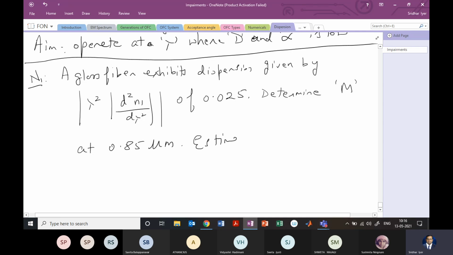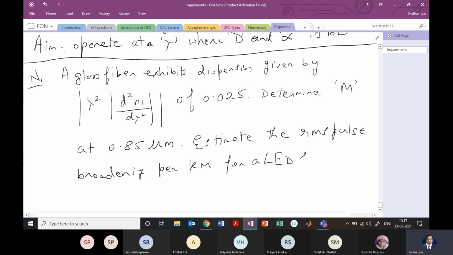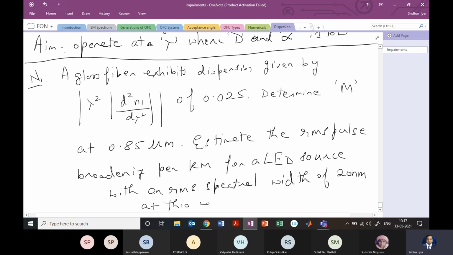Second question: estimate the RMS pulse broadening per kilometer for an LED source with an RMS spectral width of 20 nanometer at this wavelength.